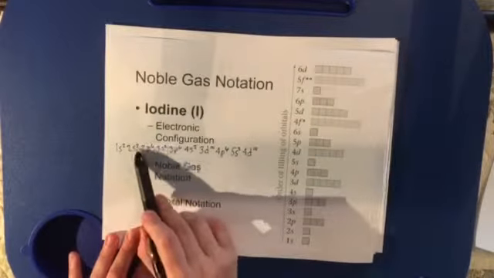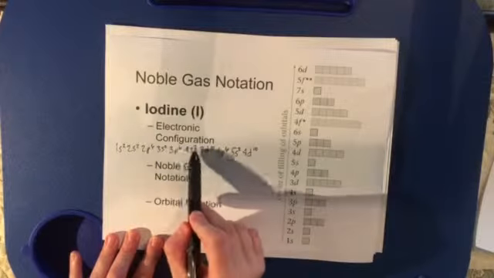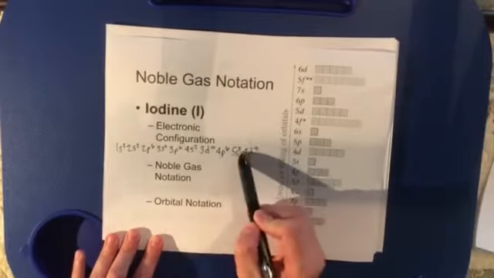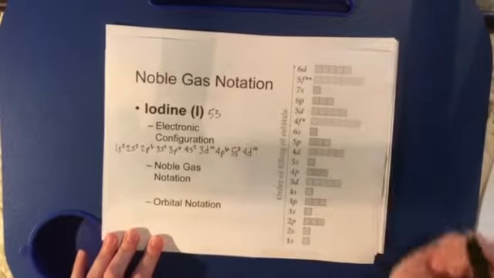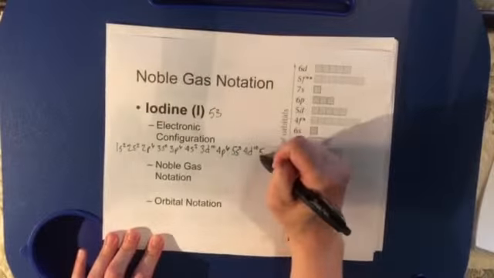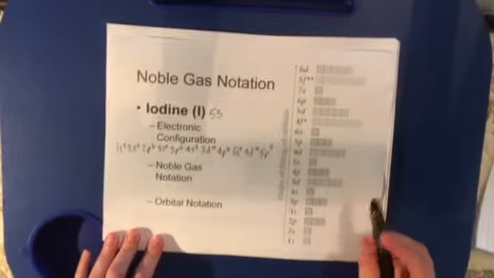So that's 2, 4, 10, 12, 18, 20, 36, 38, 48, and iodine's 53. And so then in the 5p, I would have 5.